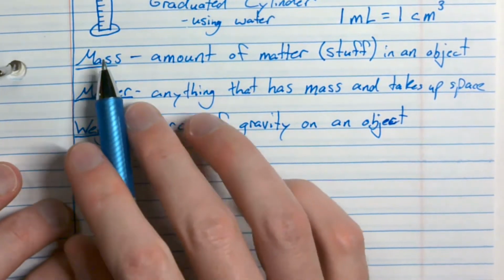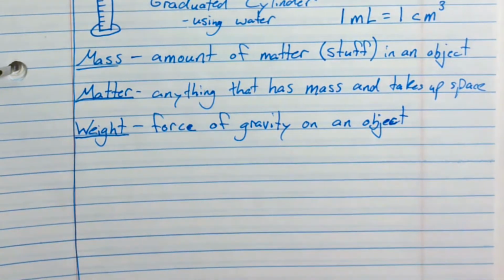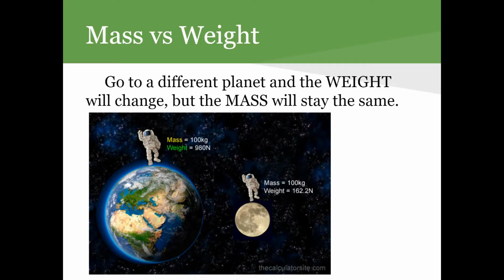Okay, so we have mass, matter, and weight. So again, if I have a mass of 100 kilograms on Earth, I still have 100 kilograms of mass on the moon, but I have about 1/8, I believe, the amount of weight, because there's 1/8 the amount of gravity on the moon, which is kind of cool.